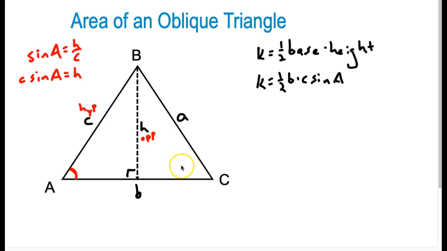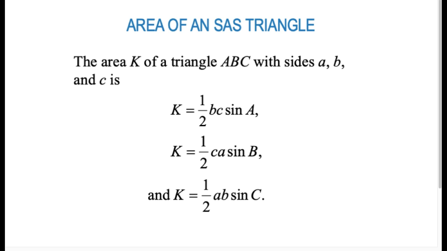Now, this would work very similarly if we just turned the triangle a little bit and said that this side was the base, and then we drew a height in here. We would get a very similar formula. Here on this next slide, I've got a list of these three possibilities.